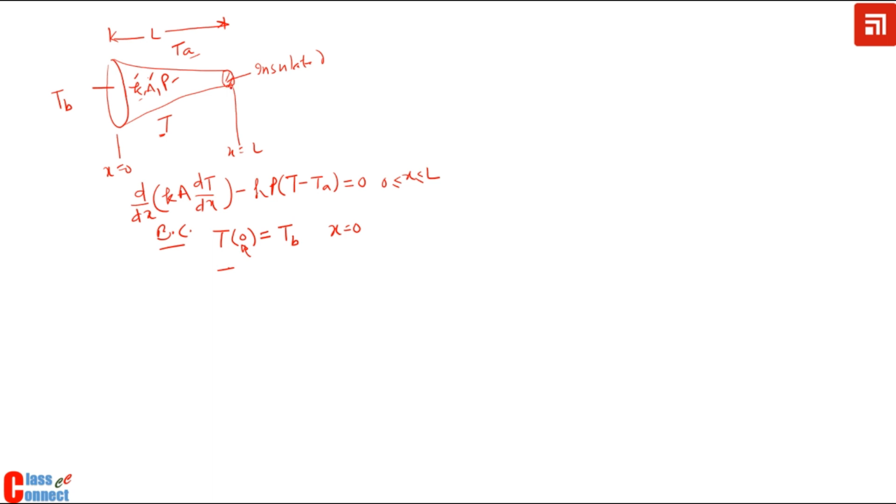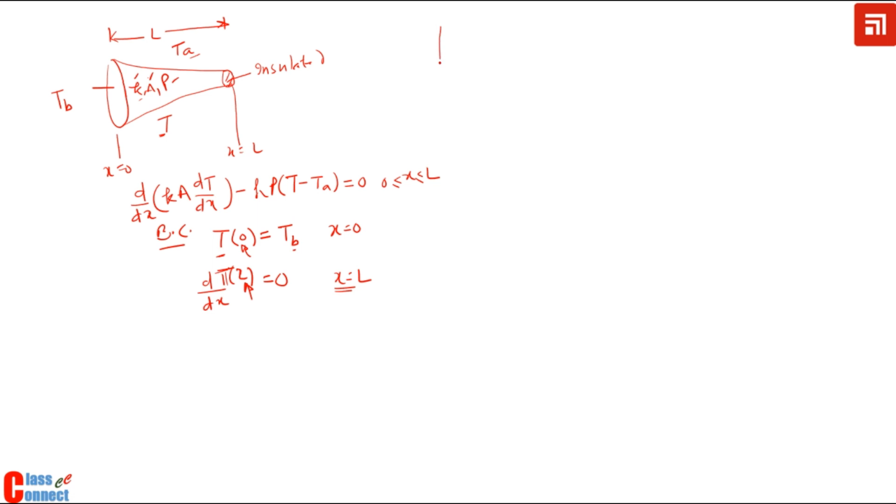It means that heat transfer at this particular end is 0. So we can write this as dT over dx at x is equal to L is equal to 0. So here it represents x is equal to L as well. So T is equal to Tb at x is equal to 0, and dT by dx is 0 at x is equal to L. So this is our problem.